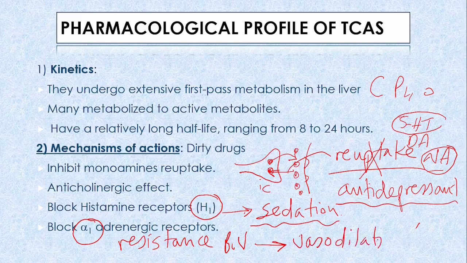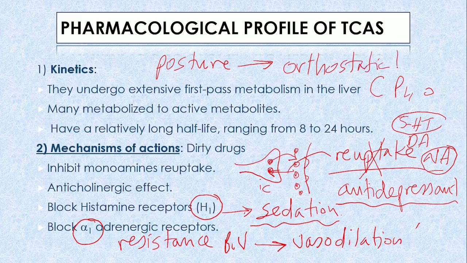And this vasodilatation will result in decrease in blood pressure, especially after changing the posture. When the person is in a lay down position and changes his posture to the upright position, this will lead to what's known as orthostatic hypotension.